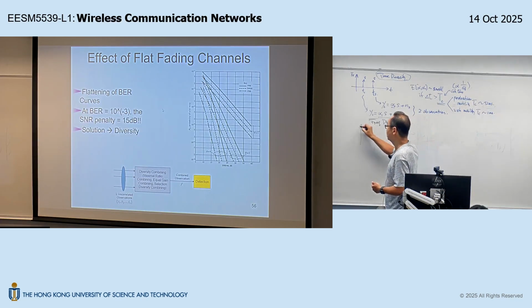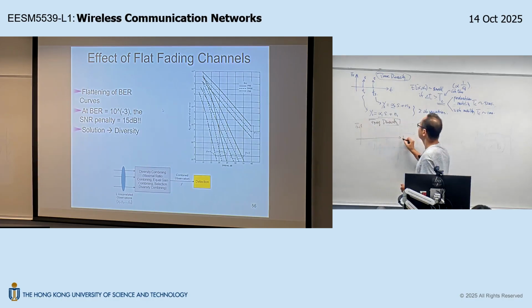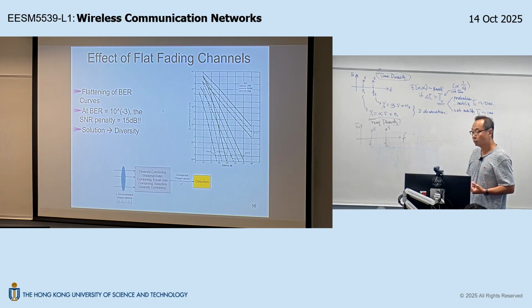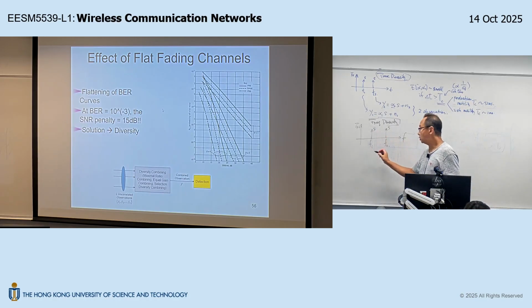Basically, in this case, the transmitter just transmits the BPSK symbol 2 times, but over different frequencies, different channels. So this is one channel, and this is the second channel. Is that okay? So when I transmit over the first frequency channel, I get one observation. When I transmit over the second frequency channel, I get the second observation, right?